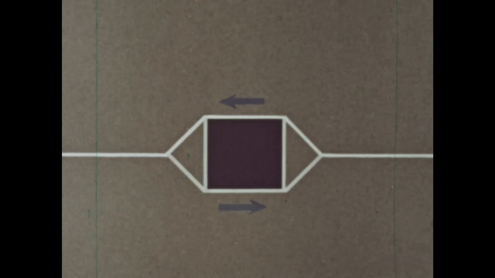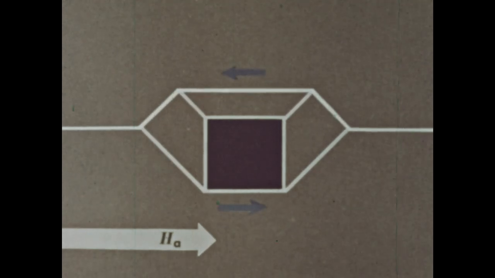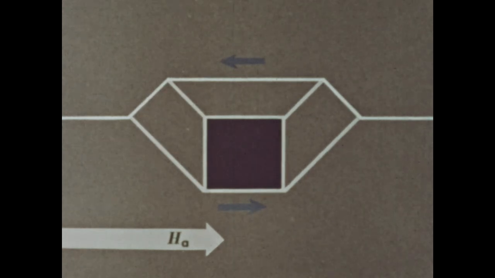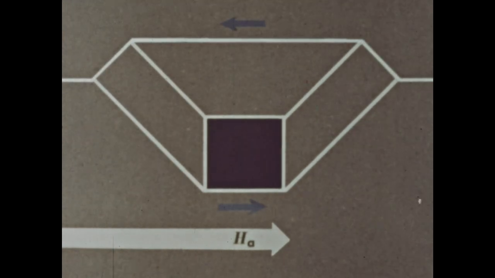If we try to move the primary wall by applying a field, the secondary domain structure tends to cling to the primary wall to avoid the appearance of magnetostatic energy, and in doing so, impedes the wall's motion. To overcome this effect, the field must supply the energy needed to increase the area of the secondary domain walls.